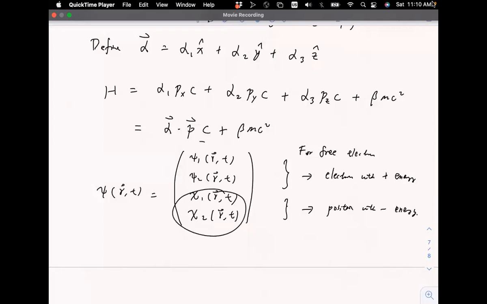This will be positron. This will be electron, sorry. If you solve it. However, if you have a potential, you can have a linear combination of electron and positron.